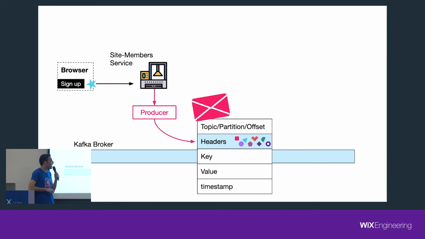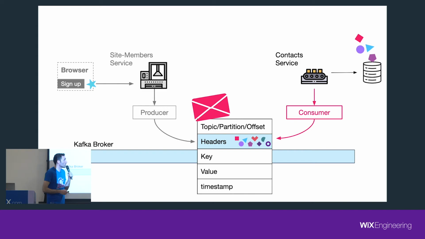But Greyhound will automatically produce all the user request context into this message, which means that, let's say we have our contact service that handles all the contacts for the site owner to handle. You can really have a lot of business operations in your own back office as a Wix site owner.